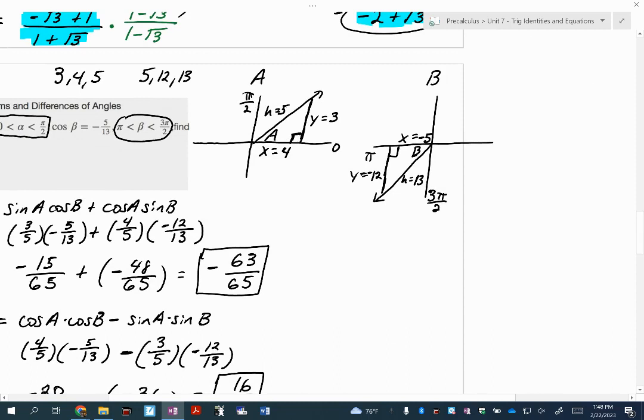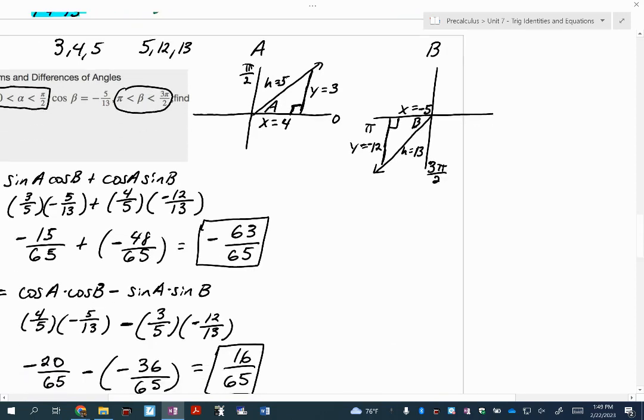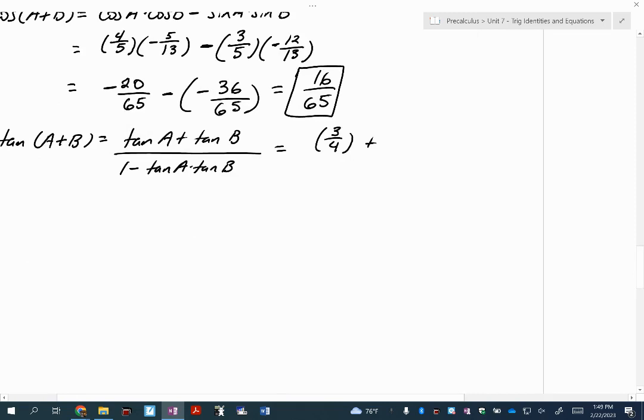All students take T for tangent. The opposite side is negative 12 over the adjacent side of negative 5, which is positive 12/5.